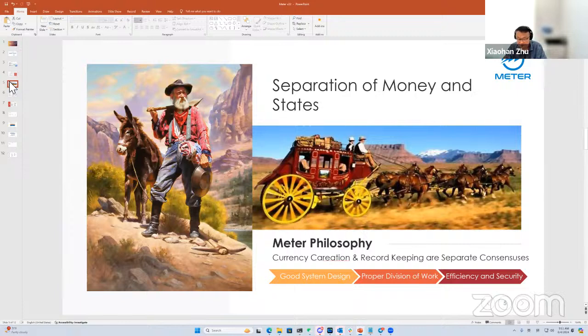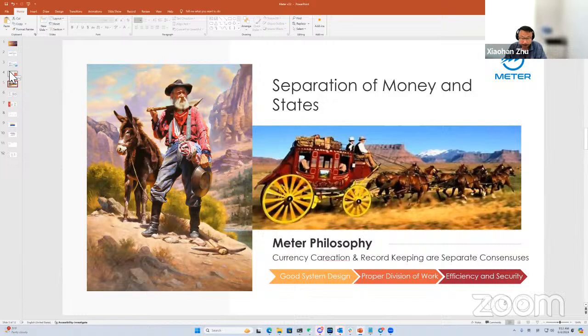Miners for gold are always a different group of people compared to accountants or bankers who keep the ledger, keep your account, keep the banking system. With the separation of the tasks and goals, you can achieve better efficiency of the system. So this is one of the design principles in Meter: separating the money from the state.